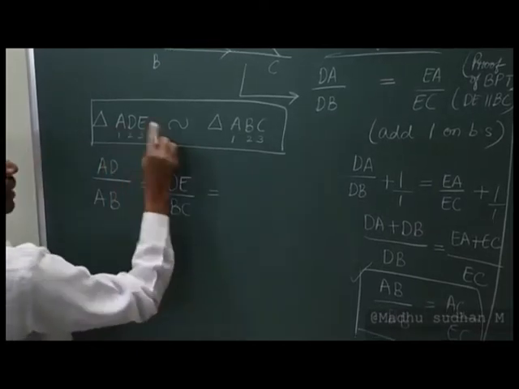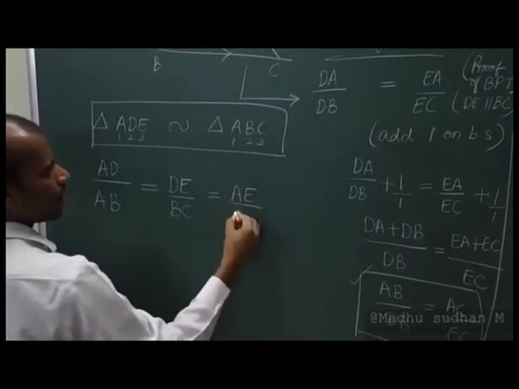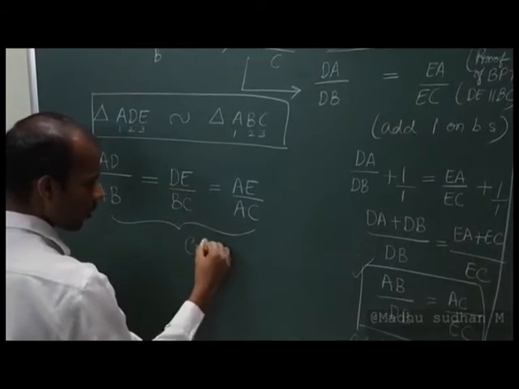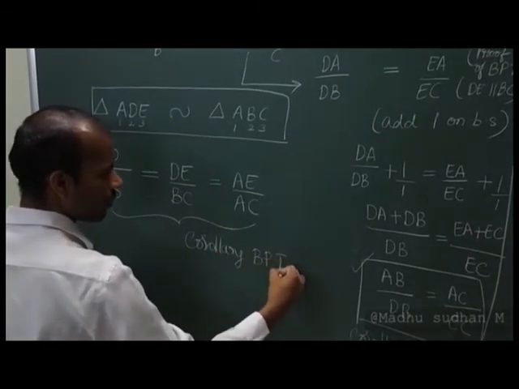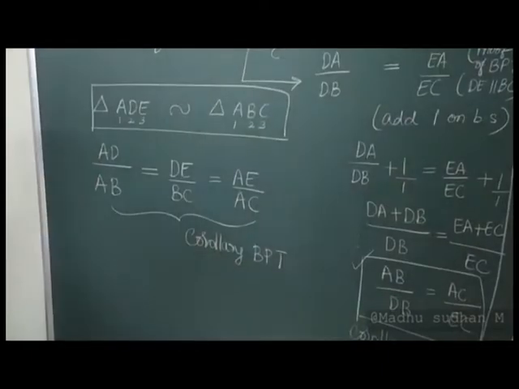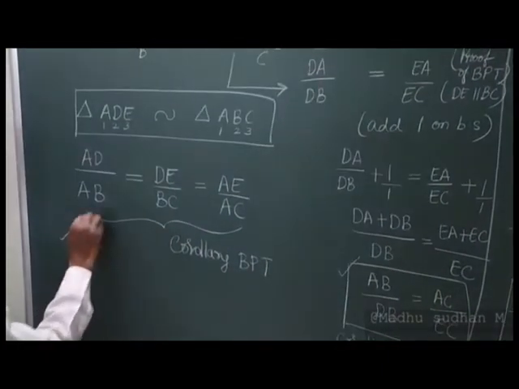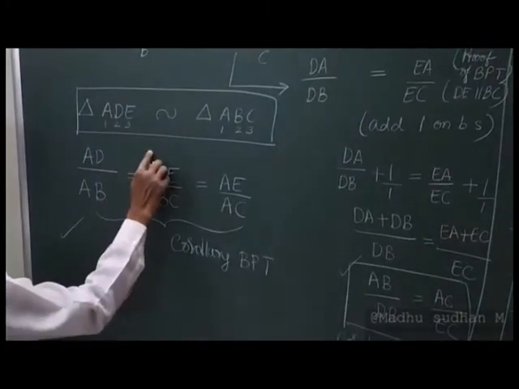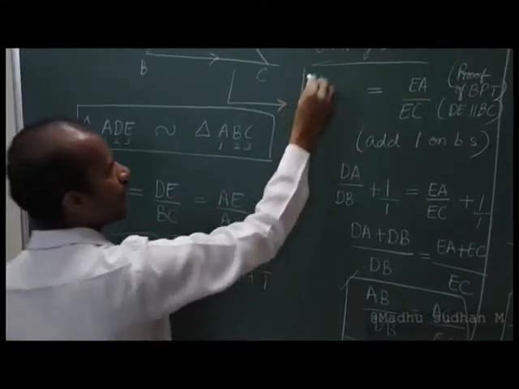The first and the third, AE divided by AC here. So this is nothing but your corollary of BPT. Followed it? So we can remember this part. In most of the questions to solve, we may use this part as the corollary of BPT, and the proof of BPT is this part.